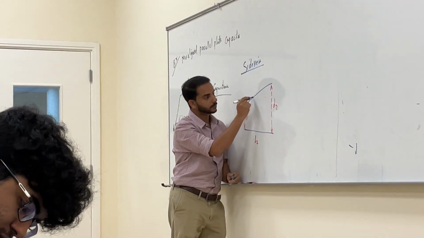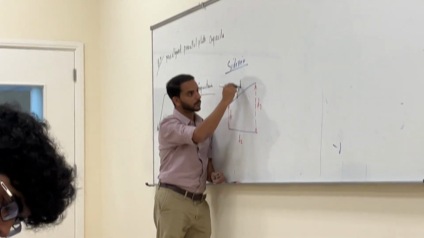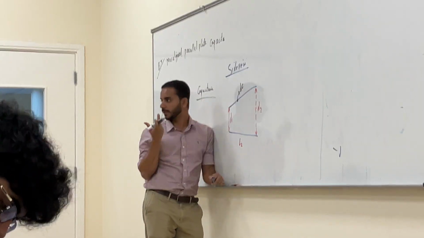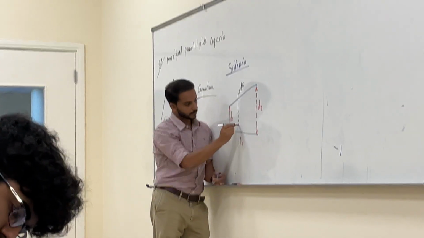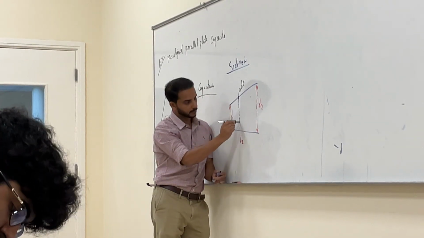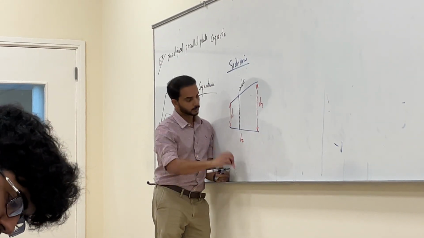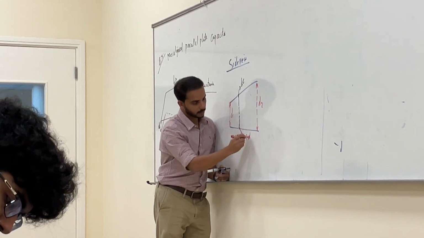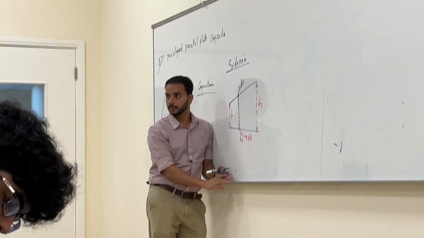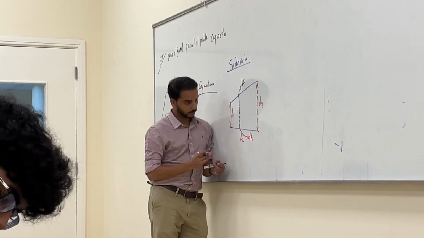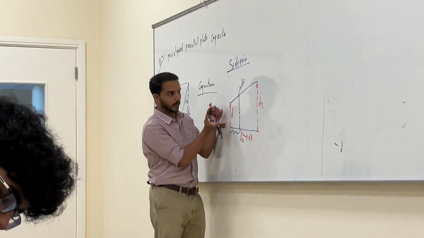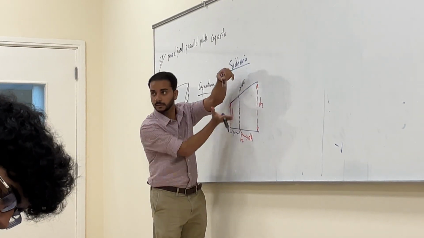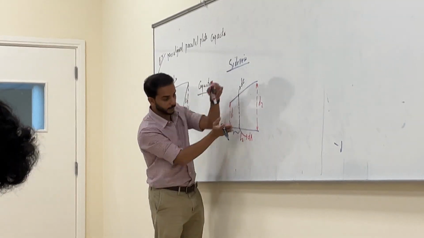So I assume a small portion of it having a small capacitance, dC, and that small portion has a small area, dA. I also wanted to know how the capacitance is changing over the distance I'm moving along the length.